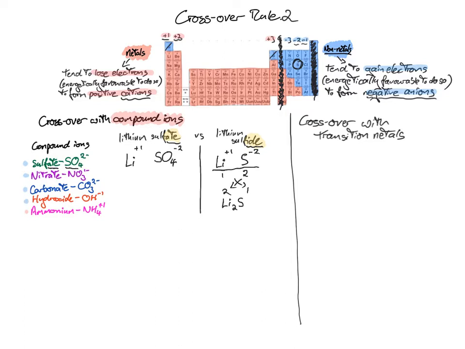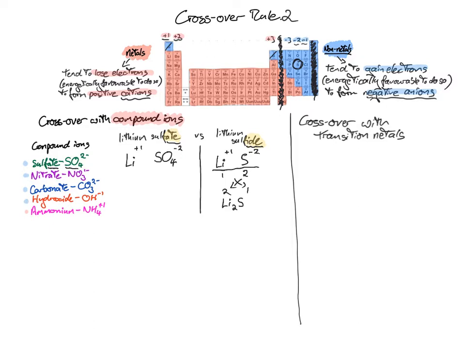Now, if you remember, I said in the last video, you really have to put a line underneath. Why? Well, if I don't put my line underneath and I cross over, I might make a mistake and cross the 4 over, but the 4 is not the charge, the 4 is part of the compound ion, so that would be a mistake and that would be wrong. So let's get rid of that.